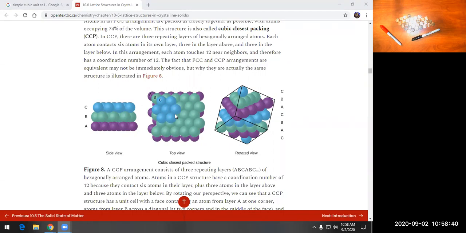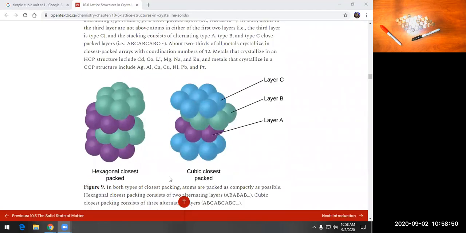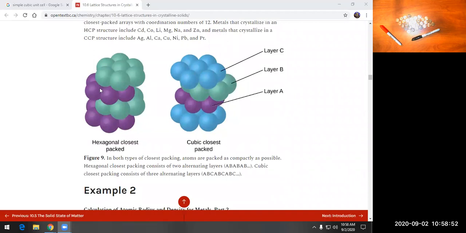That's why we call one of these packings ABC, because they're in three different places. The other kind of packing is ABAB, because we place one layer, we place a second layer, and the third layer is going to be directly over the first layer. So ABAB, ABC, ABC.